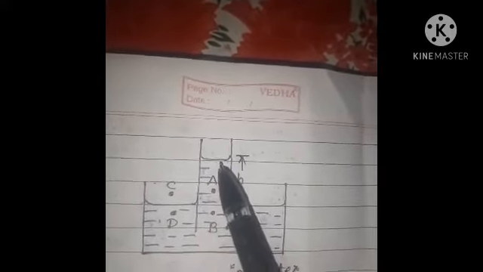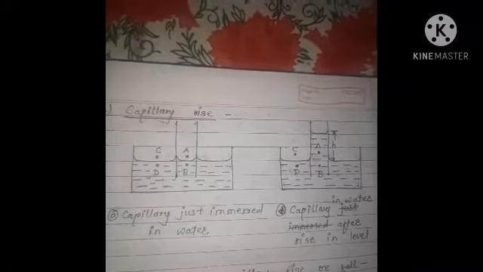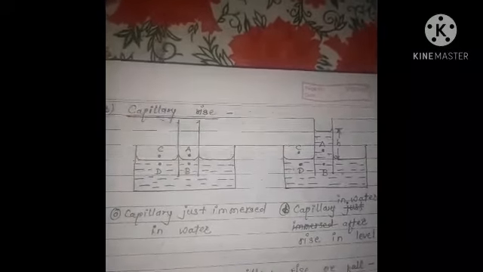Because of the pressure difference of these 4 molecules, the level of liquid inside the capillary tube rises up as shown in figure B. See these 2 diagrams. This was about capillary action, in which we have seen capillary fall and capillary rise. So, thank you.